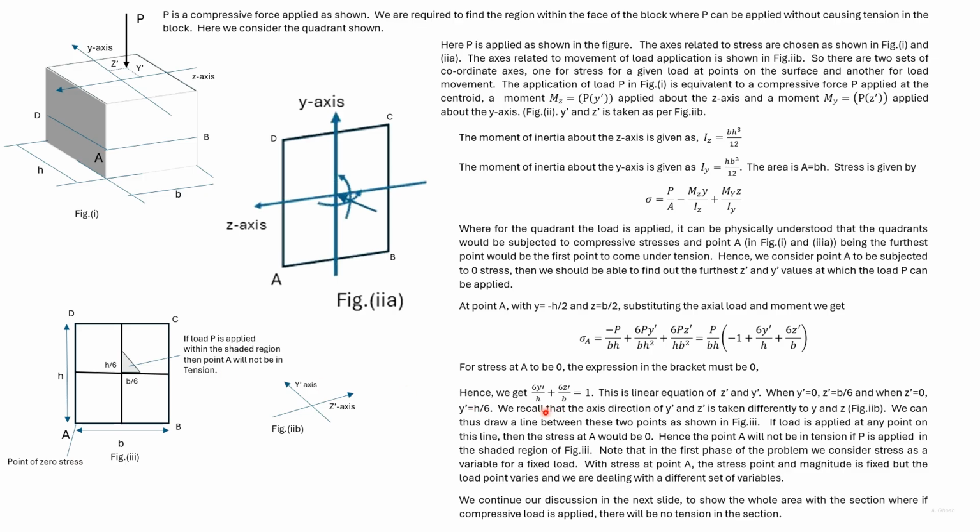Since the variation is a straight line, we join these 2 points using a straight line. So this line gives us the locus of the points at which P can be applied so that the stress at A is 0.